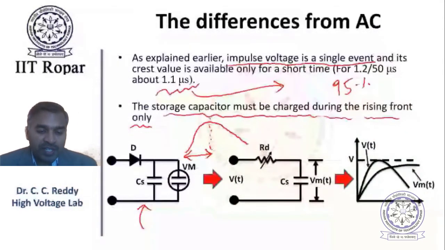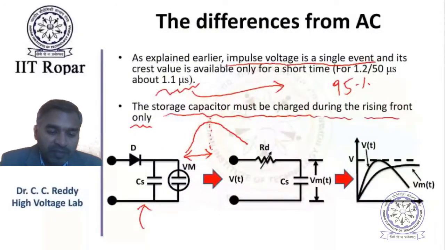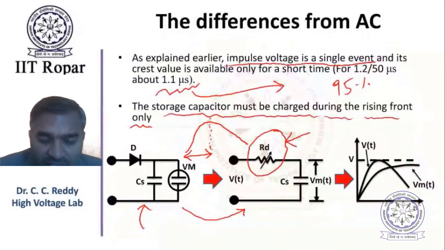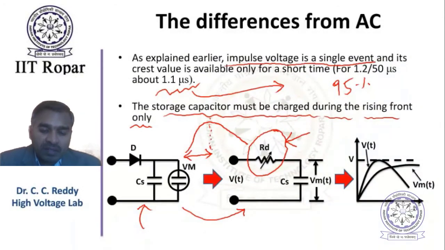Now you see here the equivalent circuit of the basic circuit is given. Here there is a forward resistance of the diode, which is actually dynamic, which changes dynamically. That's why this arrow mark is given here.